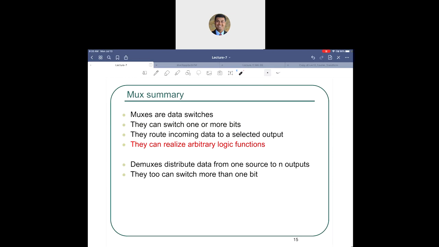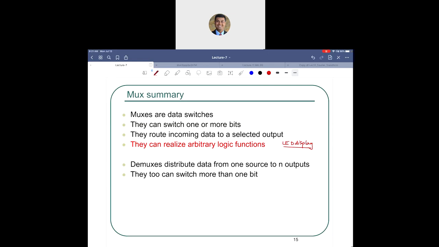Now, if you take a look at your VHDL studios, and dig into the LED display component that you used for previous studios, you will see that there is a lot of MUX implementation in that particular component.